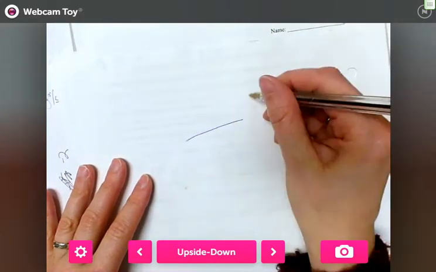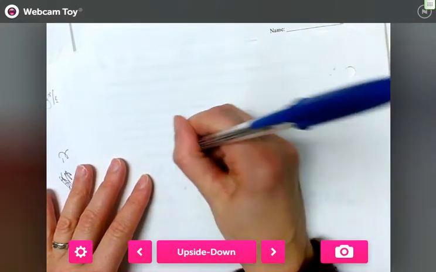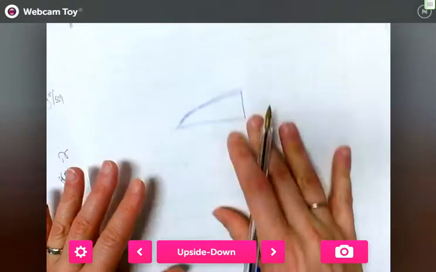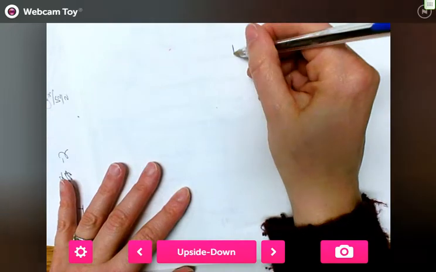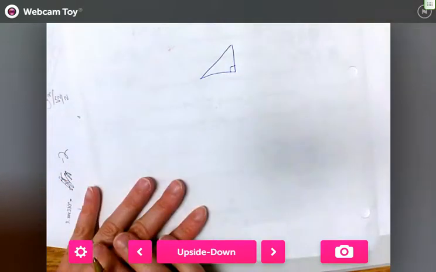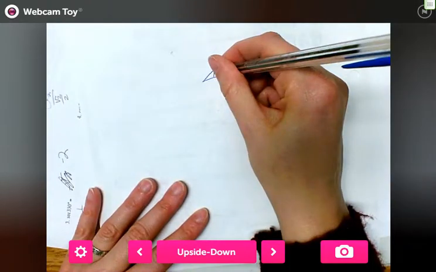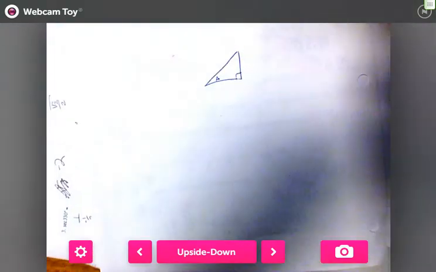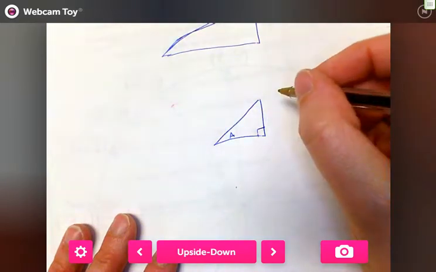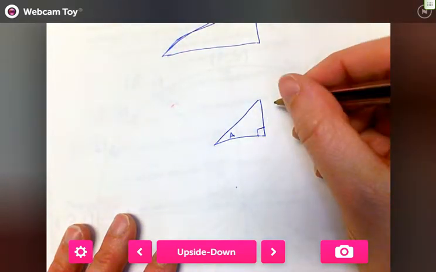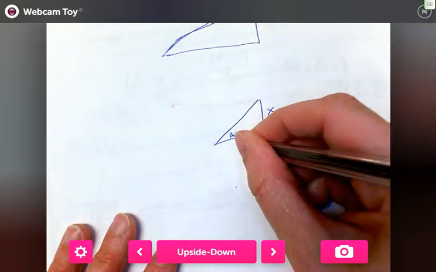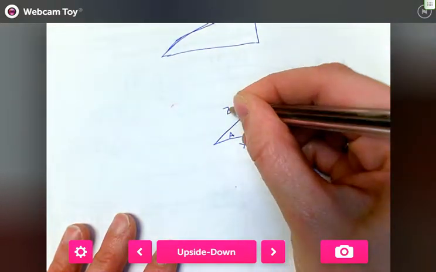If we have a right triangle, and we have this angle right here, A, and we're going to make this side X, this is going to be Y, and this is going to be Z.